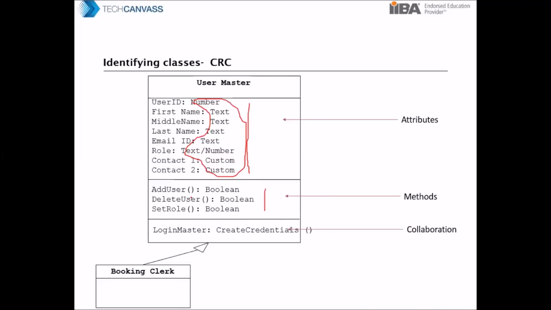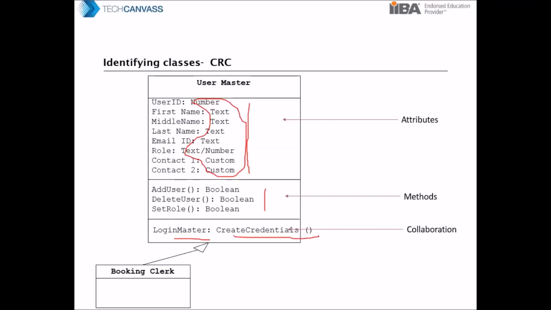For the user master, there could be add user, delete user, set role, these kind of methods. Now the user master will interact with login master to create credentials. It is possible that when a user is being created by the administrator, the login credentials for that user are created automatically by a trigger.